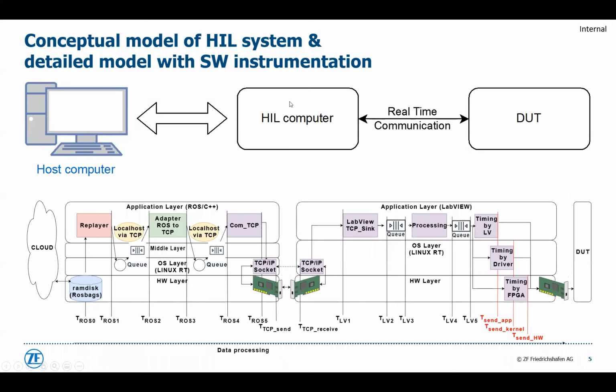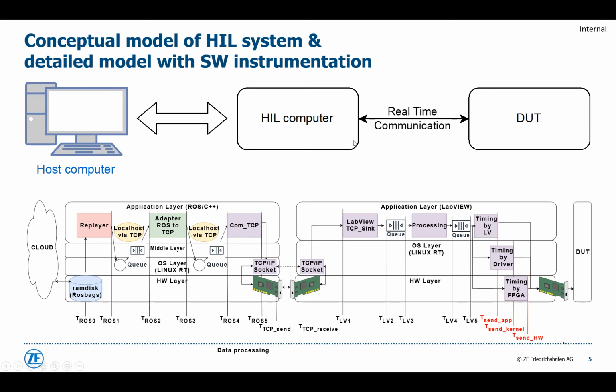Here you see an overview, a really easy conceptual model, of the HIL system. It consists of a host computer, which controls the hardware-in-the-loop computer, which is a real-time PC, and they are both connected via Ethernet.